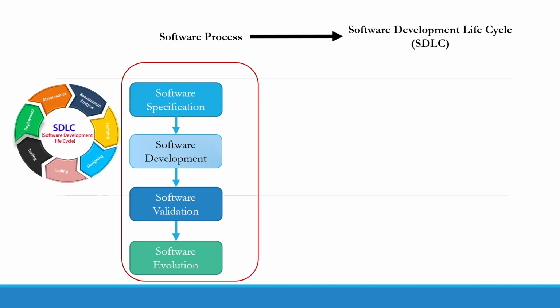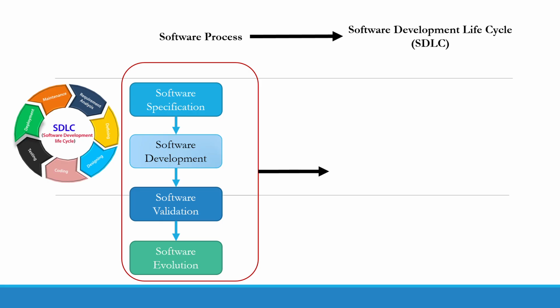The software specification is already associated with requirement determination. The software development is related to software design and software implementation. The software validation is associated with the testing mechanism, and finally, due to various reasons, the software may evolve. This was covered in the previous episode, but here we will discuss the software life cycle in detail.